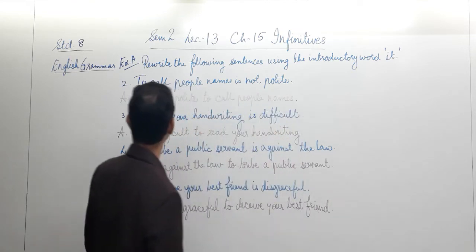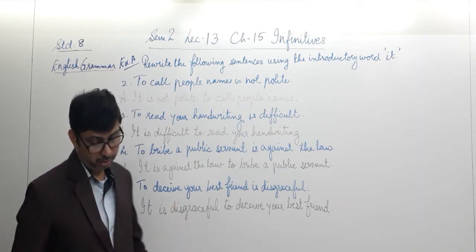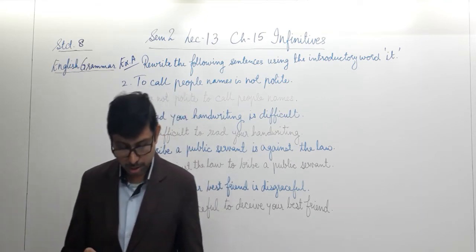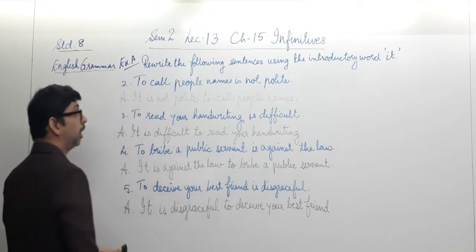These were the 5 sentences that we rewrote introducing the word it. We have 3 more sentences to write. So let's write them together. I hope this is clear to you.